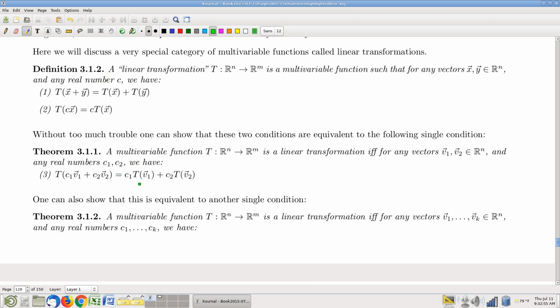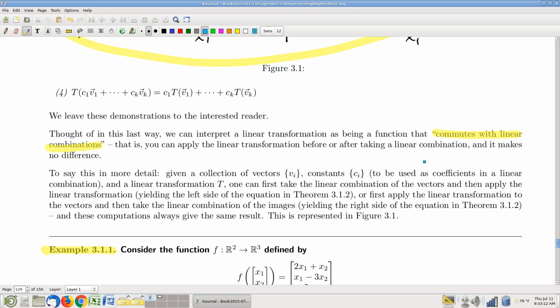Okay, pretty believable. Notice this is a statement about linear combinations of a pair of vectors. Well, as it happens, it does not have to be just a pair of vectors. You can talk about linear combinations of any finite number of vectors.